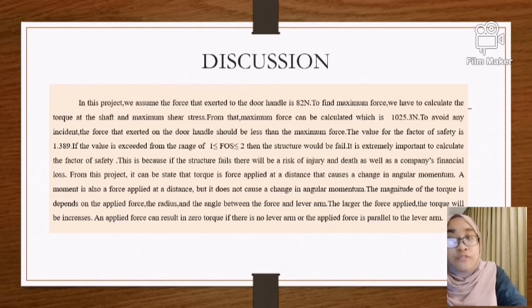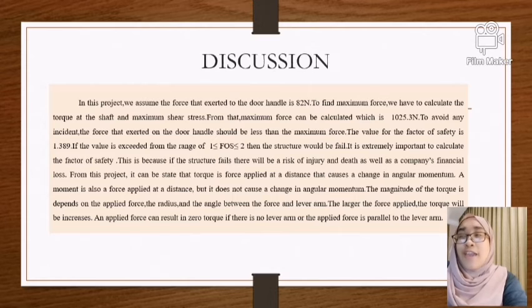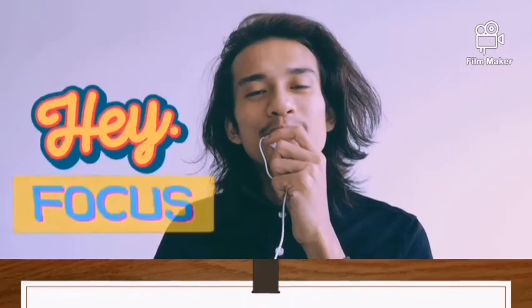The larger the force applied, the more the torque will increase. An applied force can result in zero torque if there is no lever arm or the applied force is parallel to the lever arm.